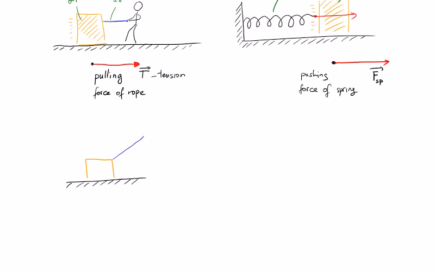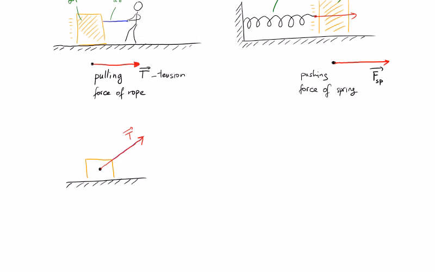So people may put their object as a particle right in the center of the box, and then draw a force starting from this object going in the direction of the pull. It's called tension force right here. So that's another way of doing it.